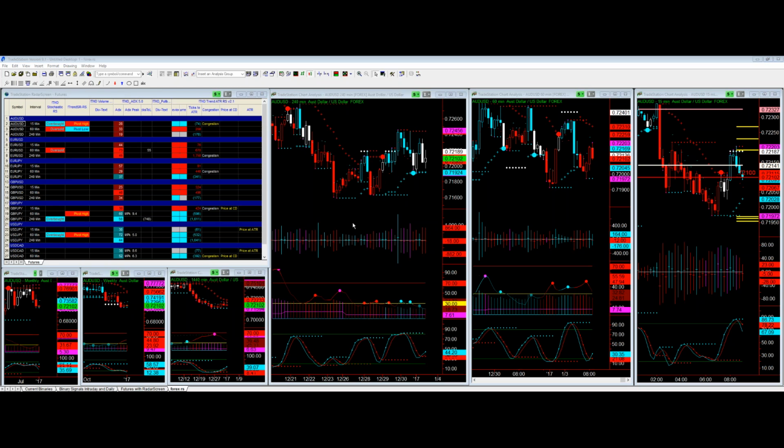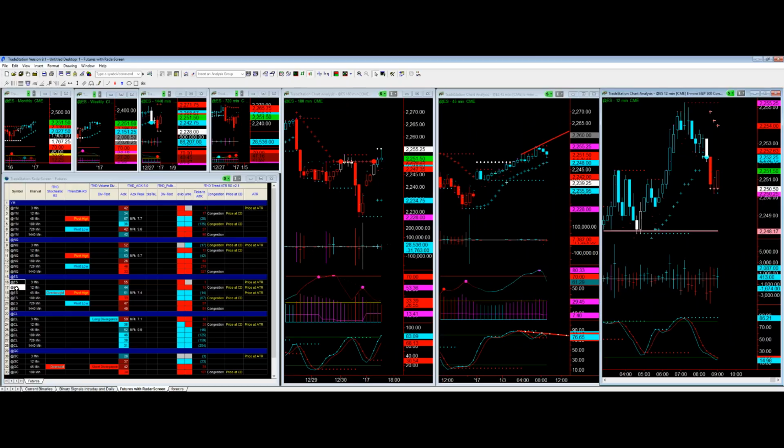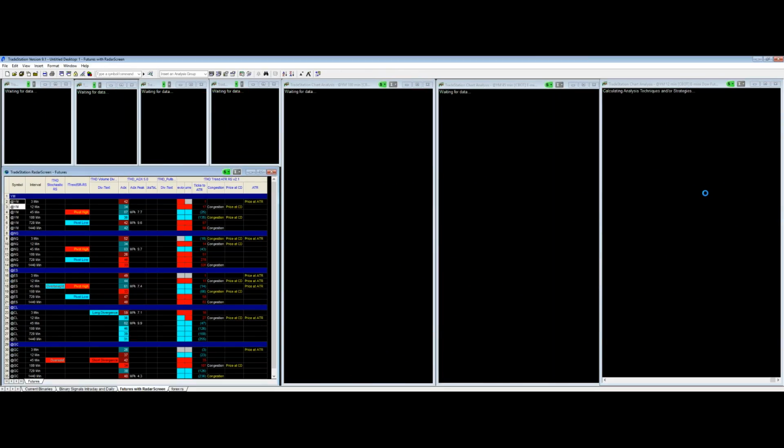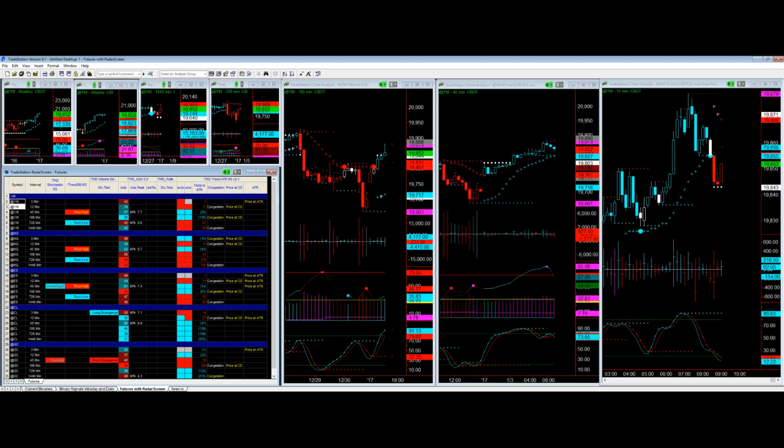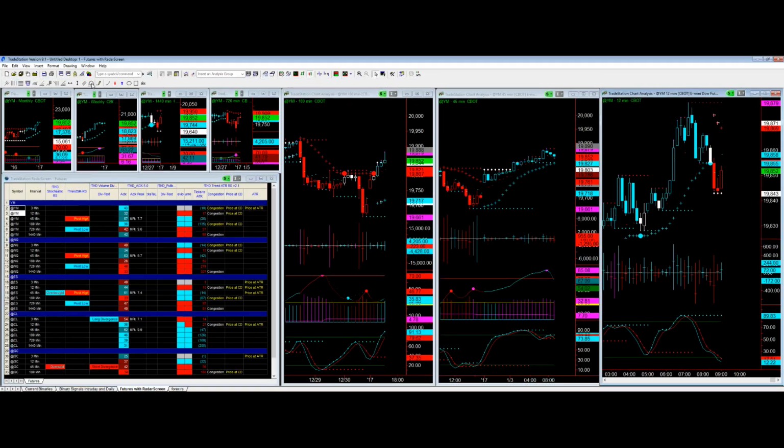On the Dow, Rick. Yeah, you're absolutely right. There's hidden divergence there. And this is where it's going to come back and it's going to test that ATR. This is going to be your reversal bar right here, and that bar ends at 9 o'clock, which is 3 minutes away.